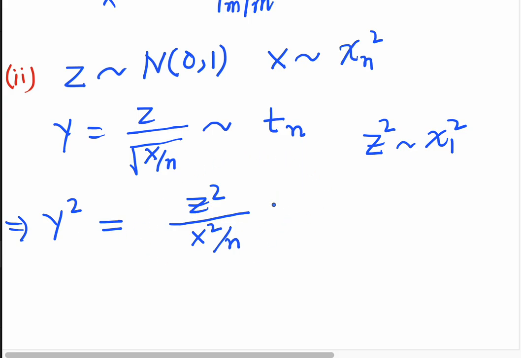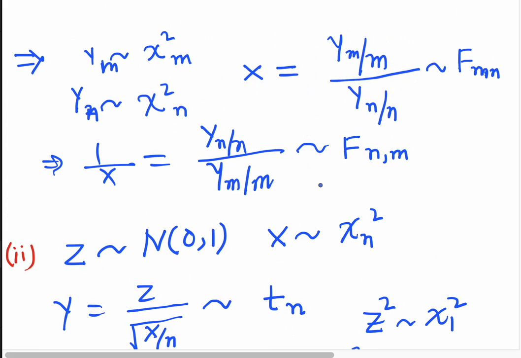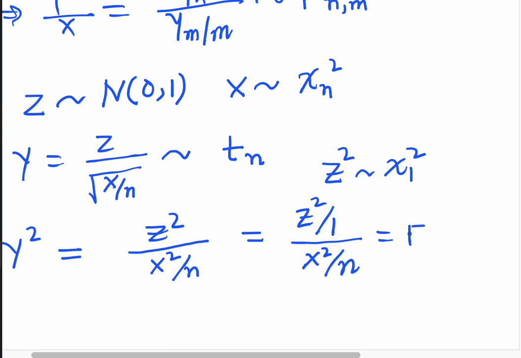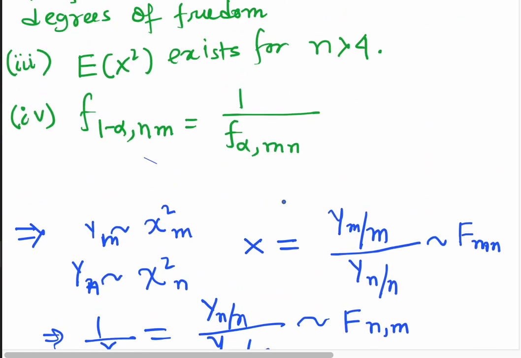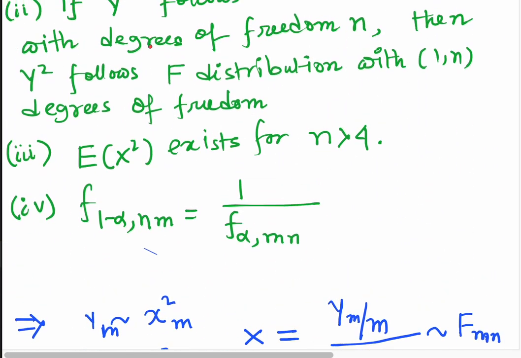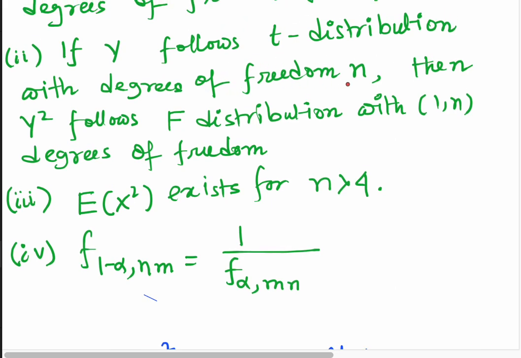That means here we get z square by 1, a chi-square variable with degrees of freedom 1, over a chi-square variable with degrees of freedom n. From the above definition, it is an F distribution with degrees of freedom 1, n. So the second statement is also true. If y follows a t distribution with degrees of freedom n, then y square follows an F distribution with 1, n. That is true.